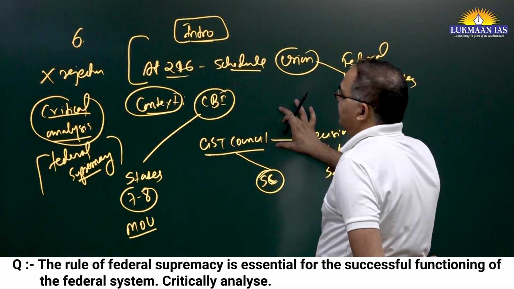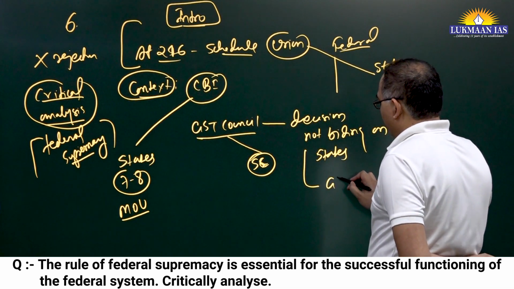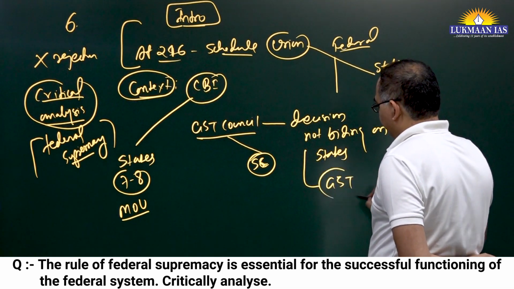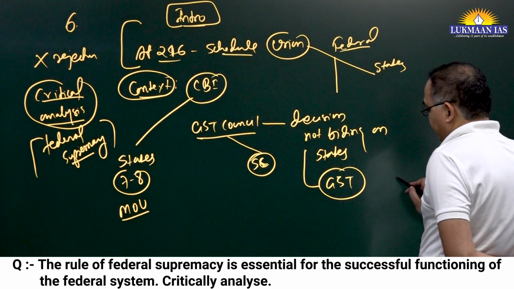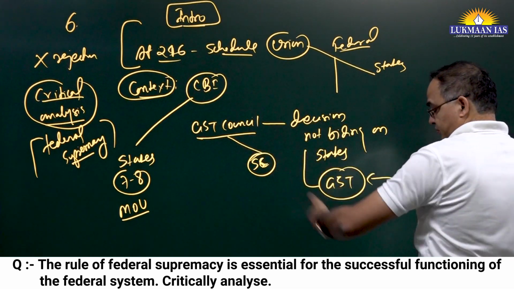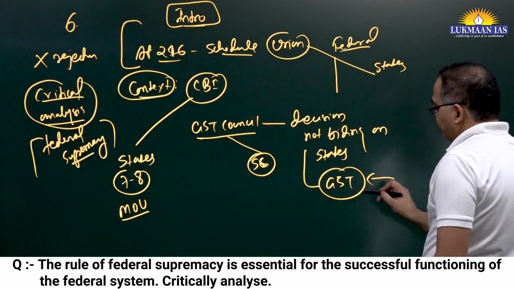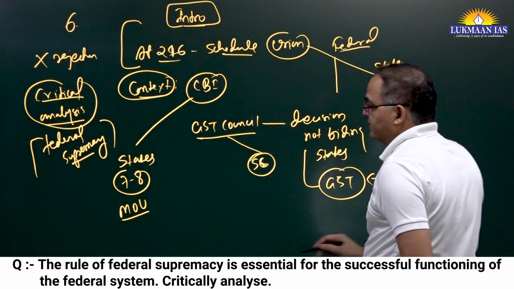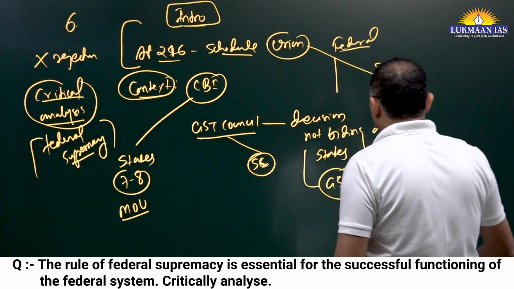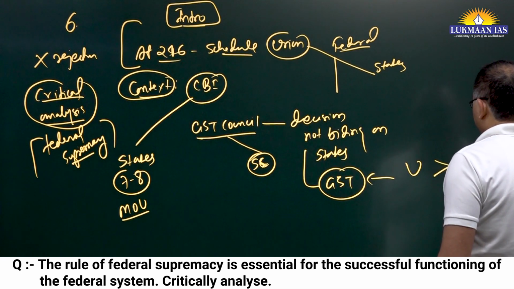Now if its decision is not binding, then what will happen to GST implementation? It is being argued that GST may fail if states refuse to obey the GST Council decision. Hence it demands that there should be federal supremacy, which means the union should be given more power vis-a-vis states.